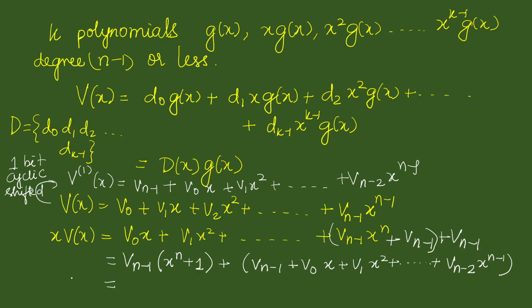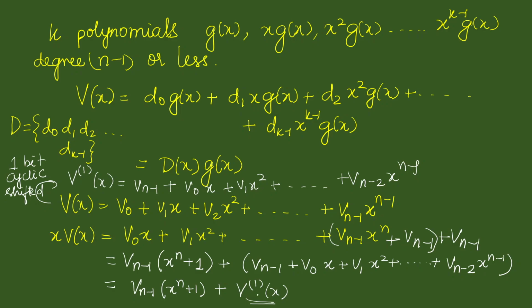That means x into v of x is nothing but v of n minus 1 into x raised to n plus 1 plus the 1-bit cyclic shifted version of your code word. So this is the cyclic shift of v of x, the 1-bit cyclic shift v1 of x, and this happens to be another code word.